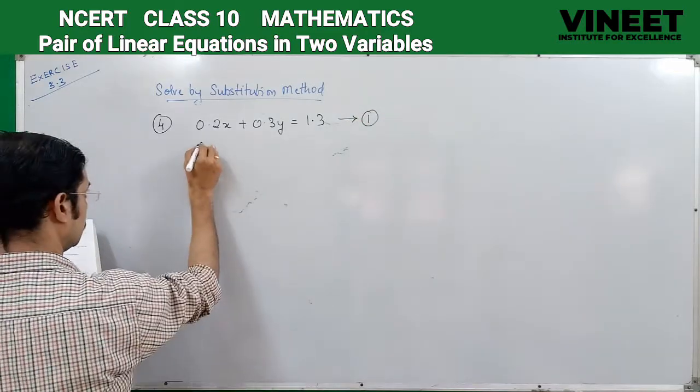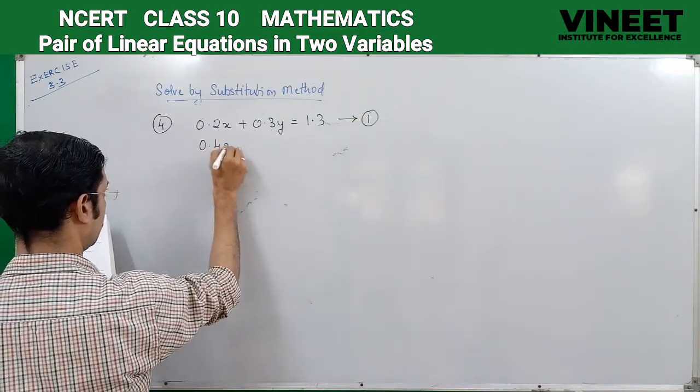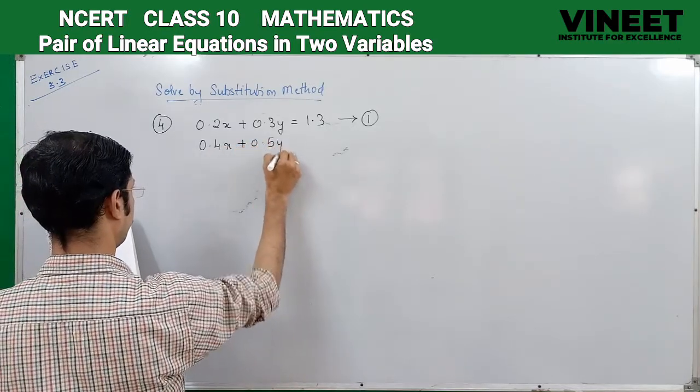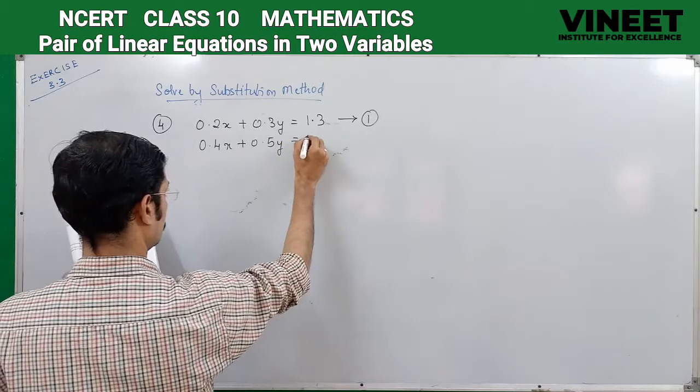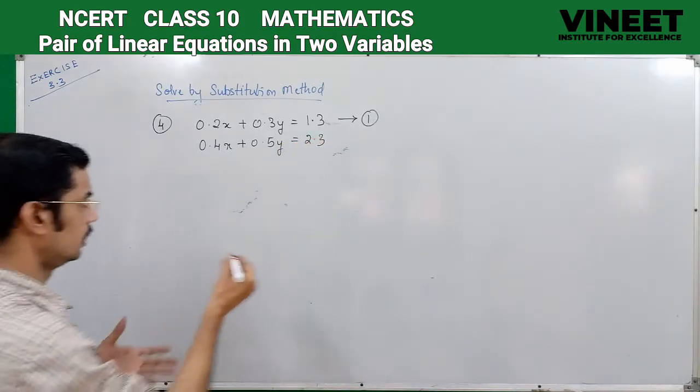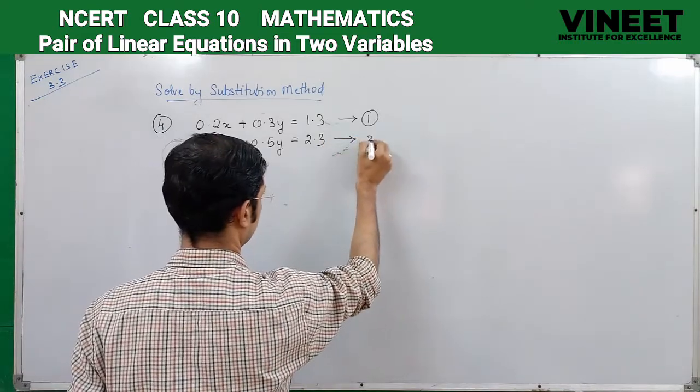Now the second equation is 0.4x plus 0.5y equal to 2.3. This will be the second equation.